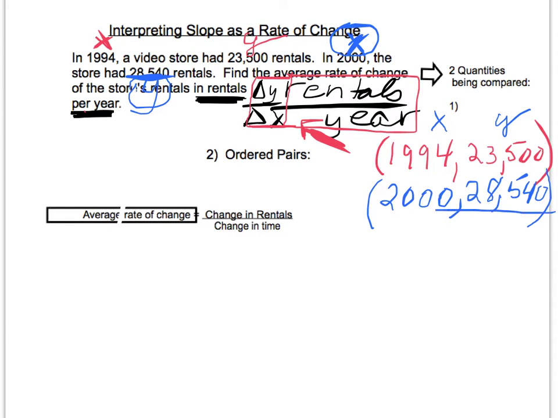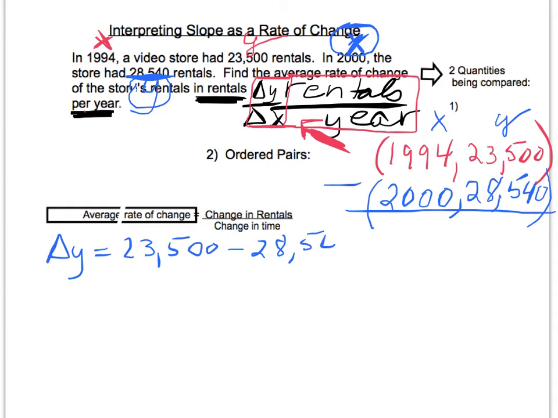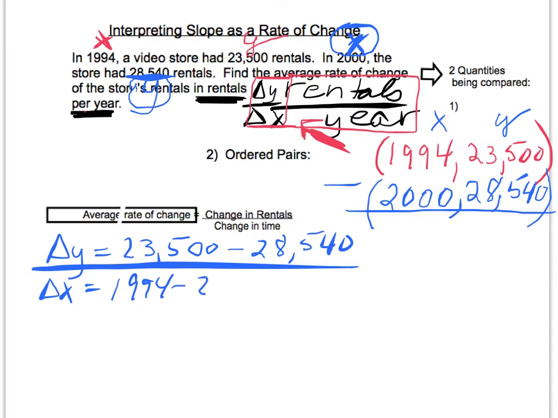I'm going to make a subtraction problem. Okay, I'm going to move my problem over and use my whole screen here. So change in y is equal to 23,500 minus 28,540 over change in x is equal to the years, 1994 minus 2000.